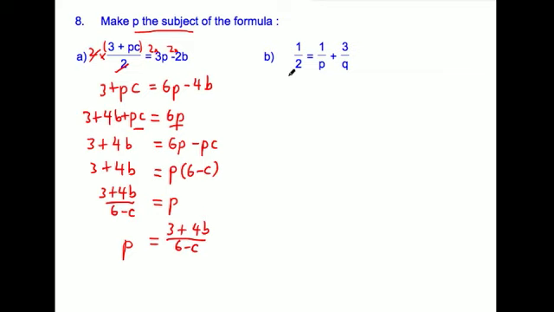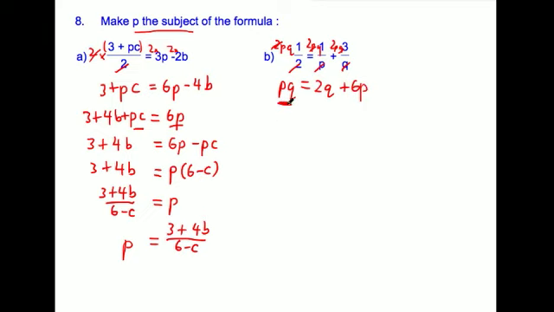In the second example, again we have a fractional equation. We multiply throughout by the LCM, in this case is 2pq. So that we can cancel the denominator to give pq, cancel p to give 2q, and cancel q to give 2p times 3, which is 6p.